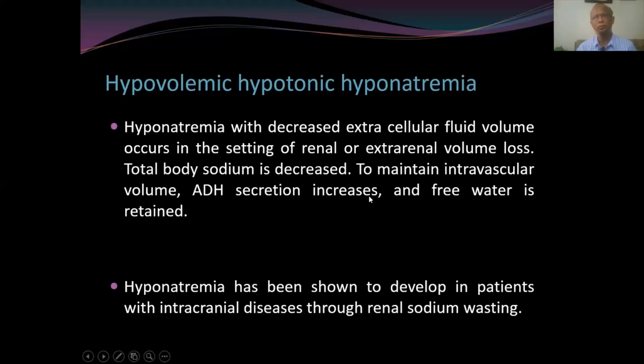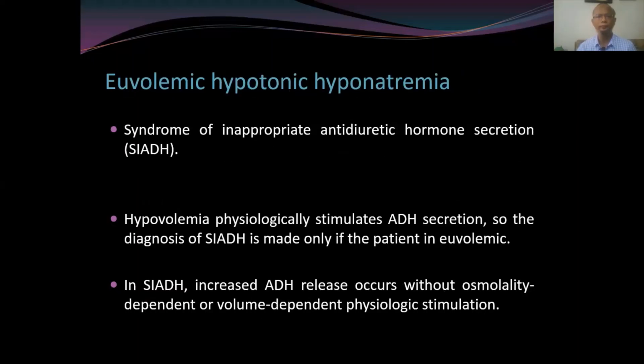So renal sodium loss is there if there is a brain tumor or any head trauma or any other conditions where there is a raised intracranial pressure; there is also sodium loss in the kidney. So this can occur.